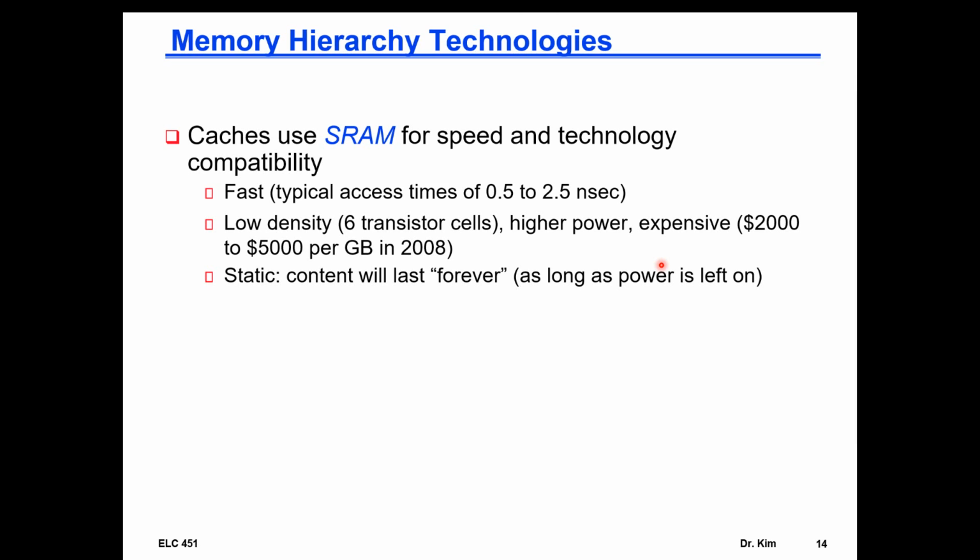So hence it is fast, but it's high power, and on a bit by bit basis, it is huge compared to DRAM actually, and that's why you cannot afford to have a lot of it, because it becomes physically large very quickly, and then the speed gets degraded very quickly, and the power goes up. So these are like storing bits in flip-flops. As long as power is on, you can have your storage there forever.